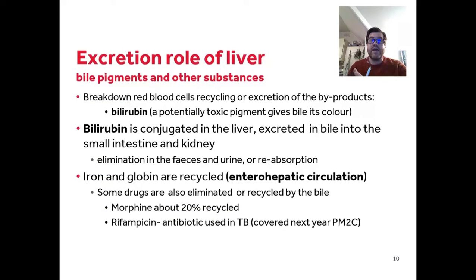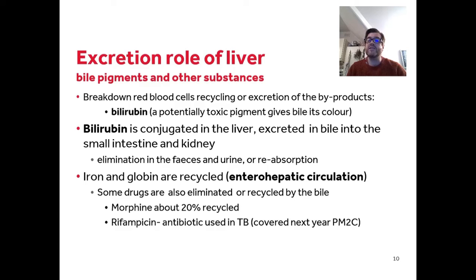The other excretion role of the liver again involves the bile, and that involves what we call bile pigments. I'll talk about some other substances as well. So we have red blood cells running through our bodies, and red blood cells have a finite lifetime, and when they get broken down or recycled, the byproducts from this produce bilirubin.